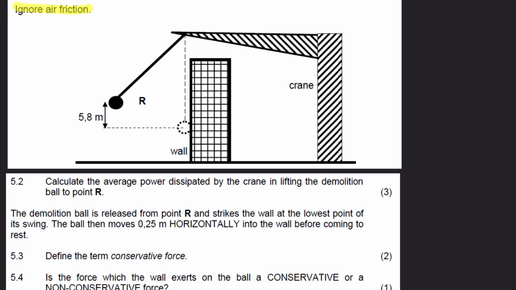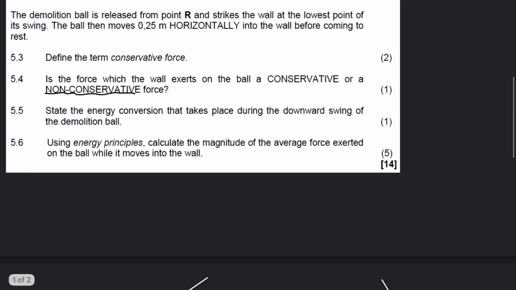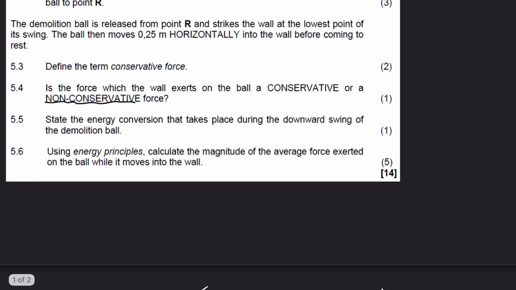So it's going to have gravitational potential energy, EP. And then as it swings, it's moving, and so that EP is then going to be converted to EK. So the energy conversion is going to be gravitational potential energy that's going to be converted to kinetic energy.